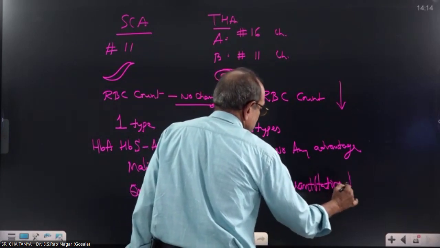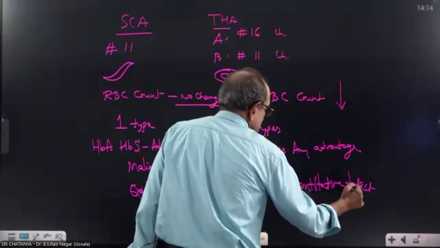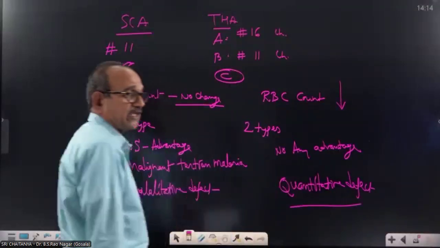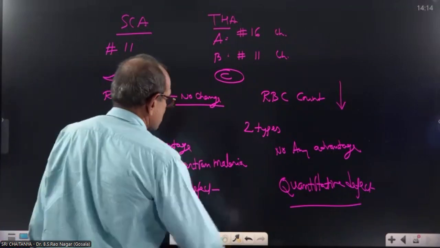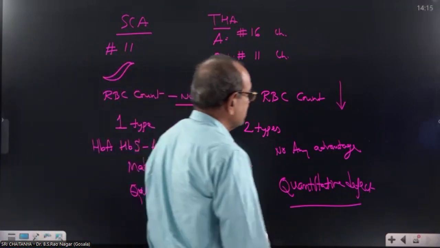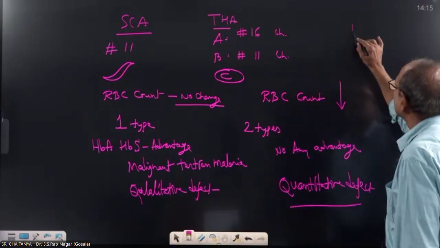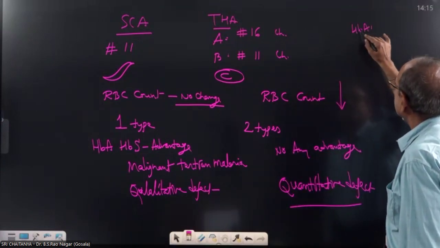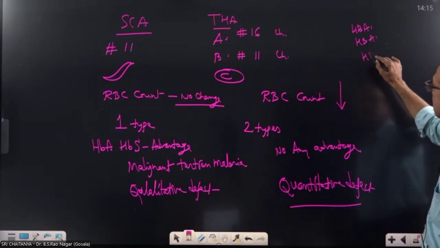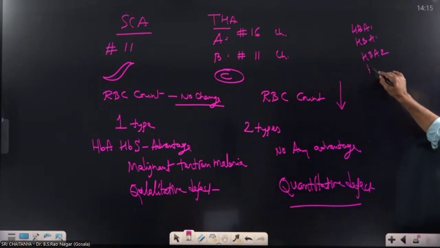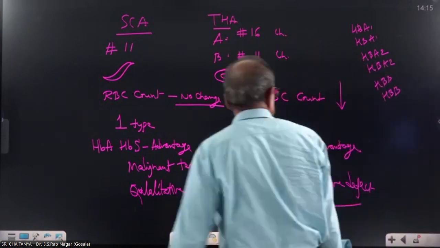That is, a defect in the synthesis of hemoglobin molecules, or the polypeptide chains themselves, because 6 alleles are involved: HbA1, HbA1, HbA2, HbA2, HBB, HBB. Total 6 alleles are there.